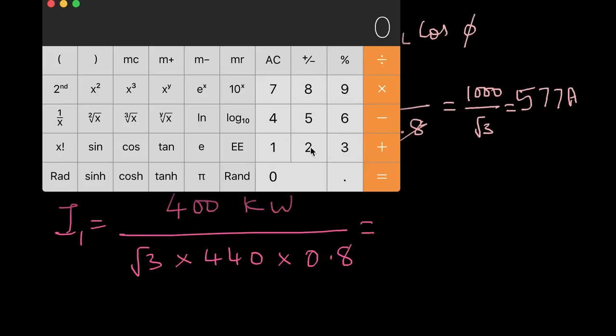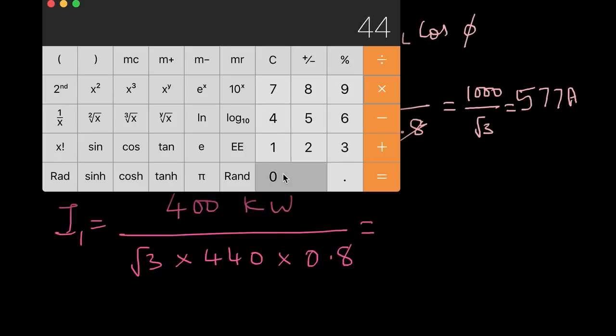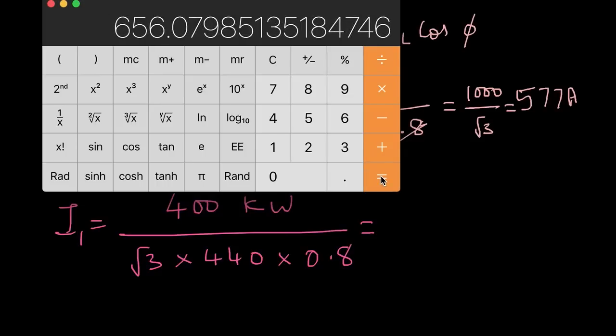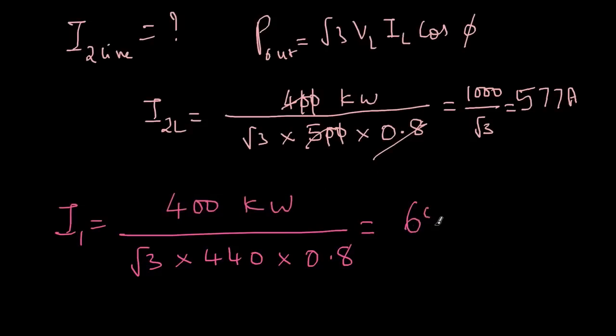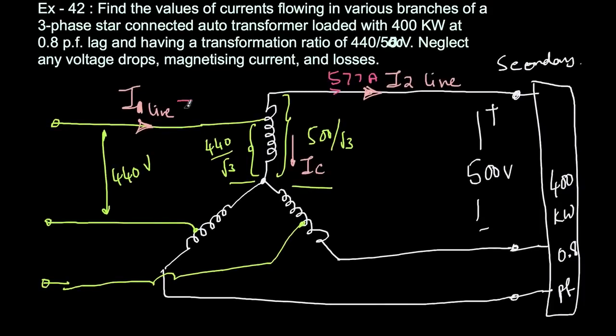I'll just clear everything. 400,000 divided by, bracket, 3 square root, multiplied by 440, multiplied by 0.8, closing the brackets, and is equal to 656 amperes. Of course we expect a higher value because this is the low voltage side, the current will be higher, 656 amperes.